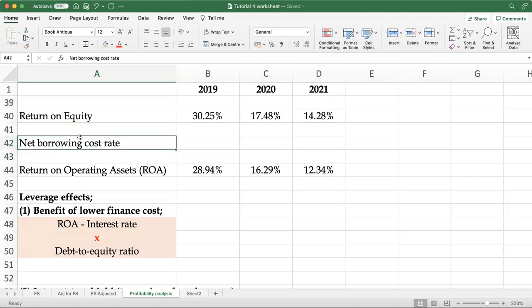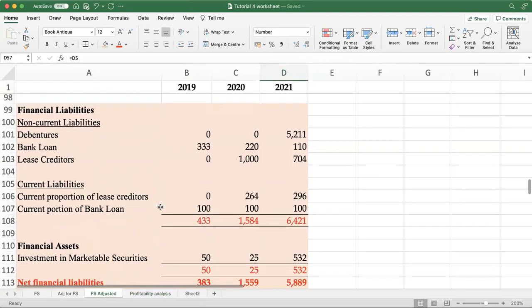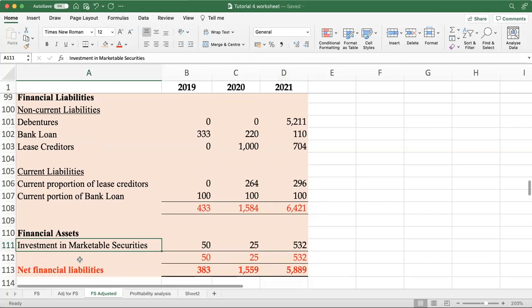Here I'm saying net borrowing cost because, if you see the financial statements, this is important. You borrow some money under financial liabilities: you issue debentures, you borrow through bank loans and leases. At the same time, you have investments in marketable securities.